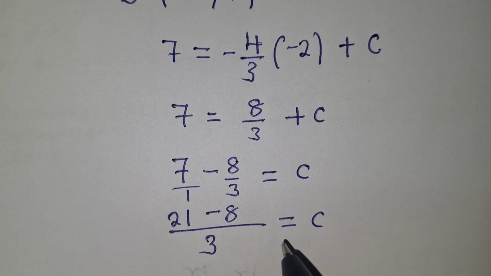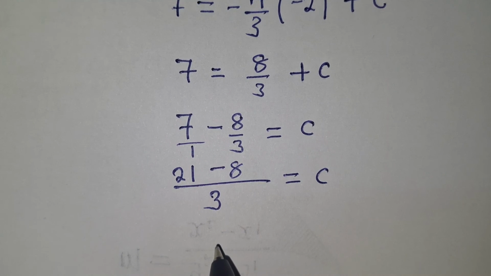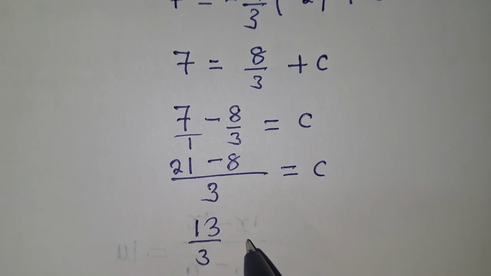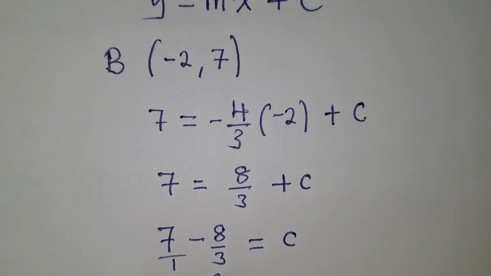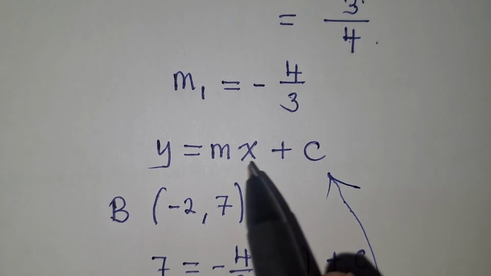So now here, we can say 21 minus 8 is giving us 13. So the value of c is 13 over 3. So we've gotten this, and we'll substitute it right here at this point where c is.